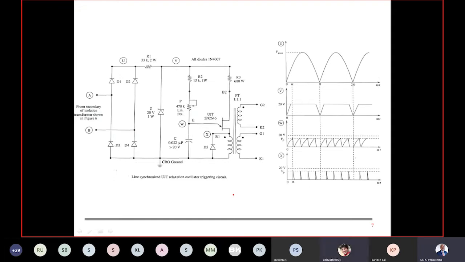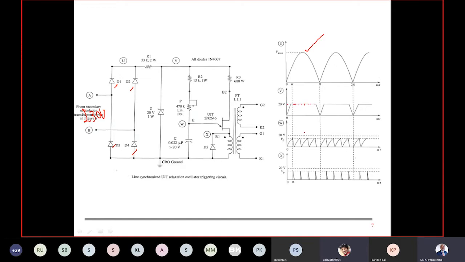The supply voltage is given at A and B terminals, which is rectified by the bridge rectifier circuit, and the voltage will appear across U. Next, the Zener diode chops off the high voltage to 20 volts.